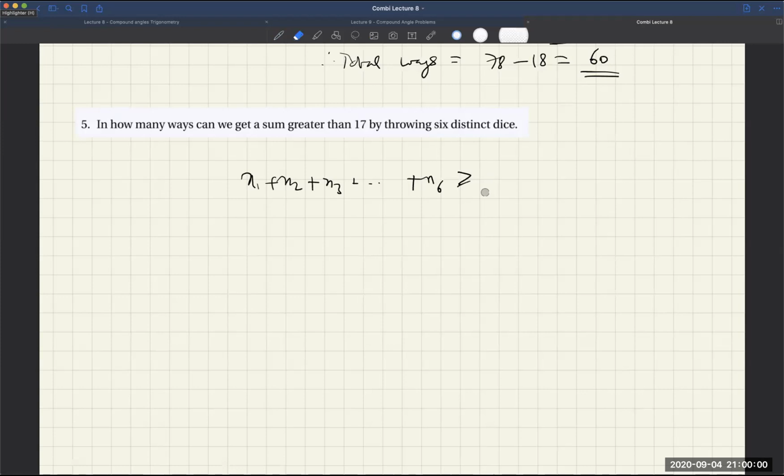And maximum will be 36, right? Where each xi lies between 1 and 6. So how do we solve this problem? What is the answer people got?